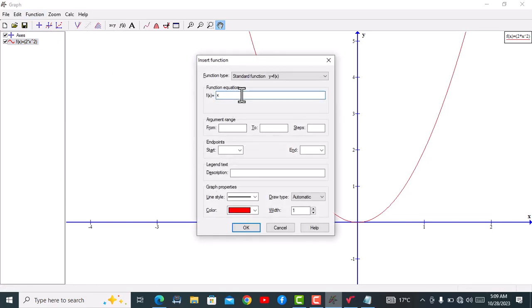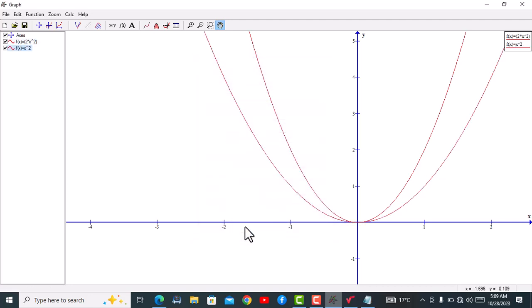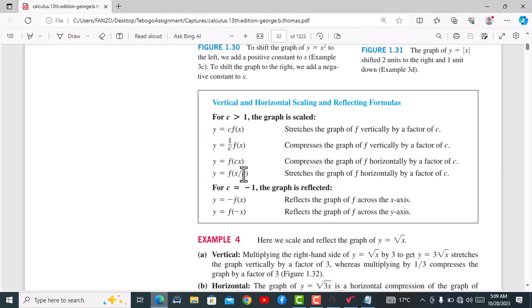Let me draw the original function so that we can see the differences. So let me just have x squared. You see, this is x squared and this is 2 times x squared, so it will compress it. Now let's find out if that is true.